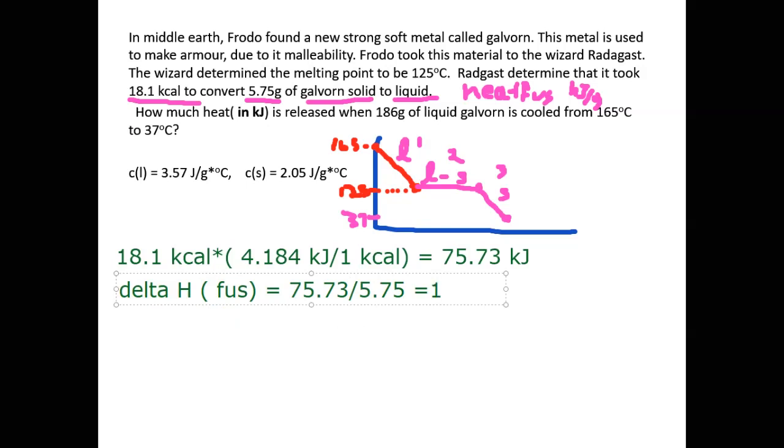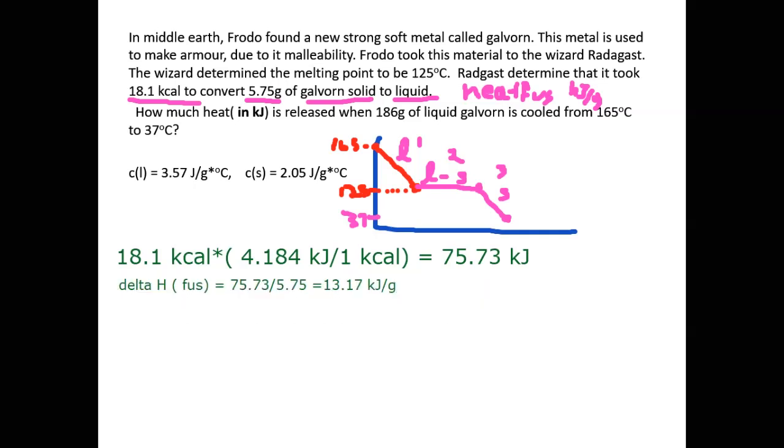We get 13.17 kilojoules per gram. So now we know the heat of fusion, and we can calculate Q1, Q2, and Q3.